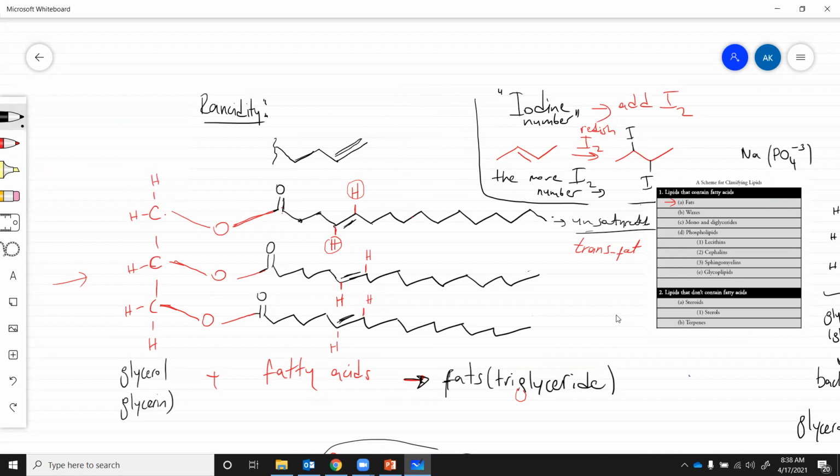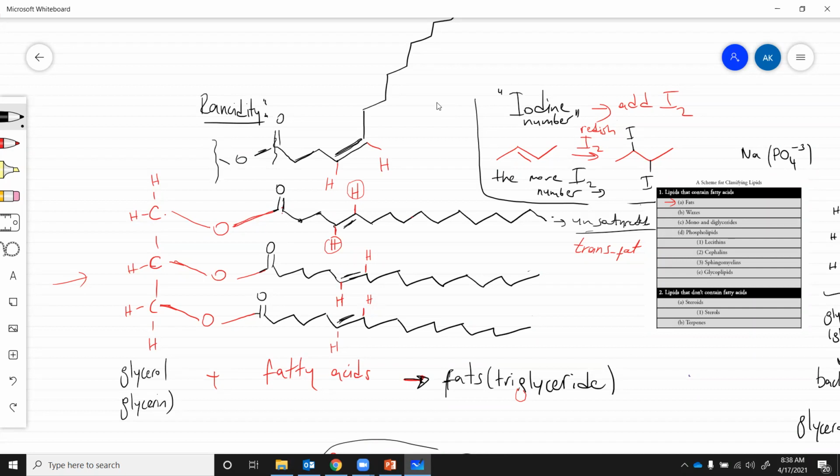In order to have a cis double bond, the hydrogens have to be on the same side, like that, and then you have to put this whole group on the other side. You see that? Make sense? It's attached to a carbonyl here and oxygen here and so on. I'm not going to draw the whole thing, but you got the idea, correct?